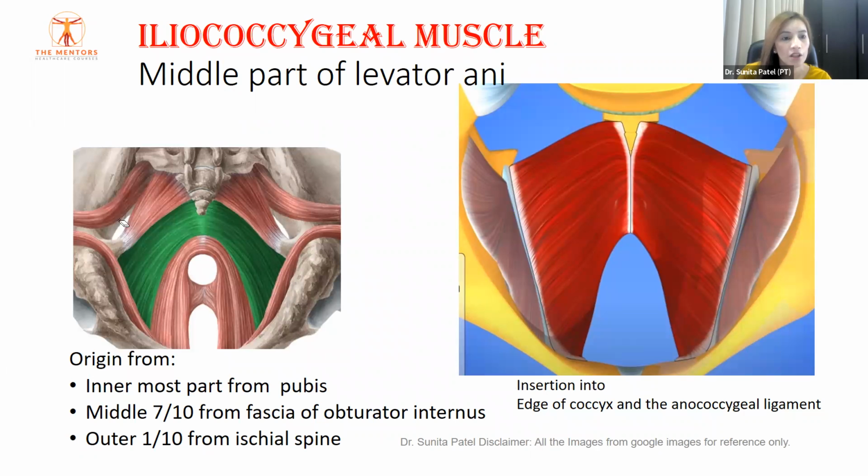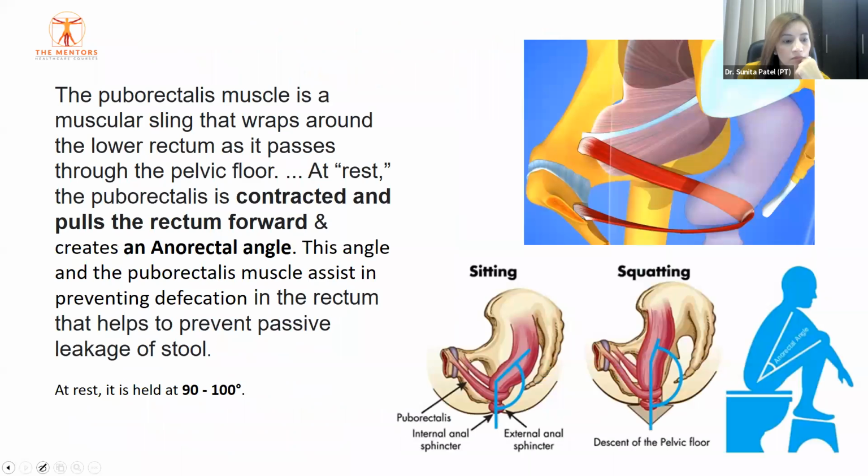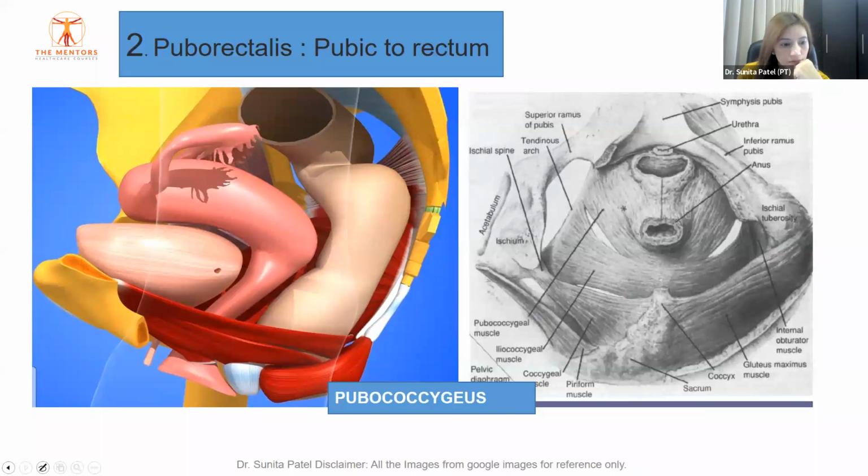Yes, this one. Here it will come and pass like this, between this piriformis and coccygeus. The muscle will pass, the nerve will pass from here. Two nerves on either side.